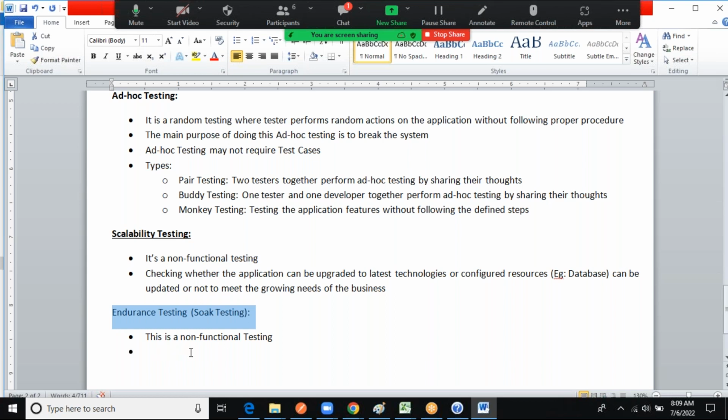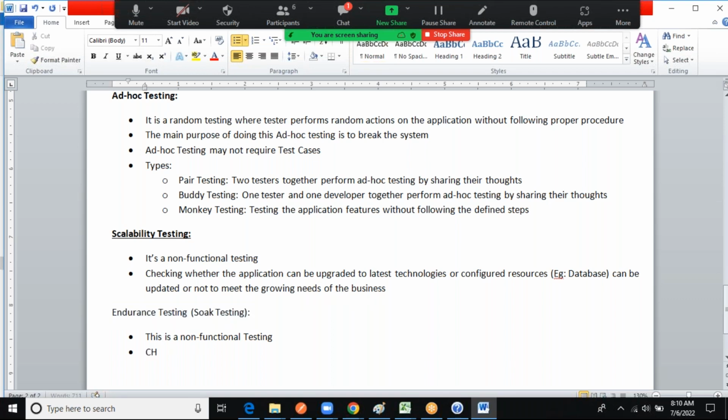Keeping a heavy load on the application for a longer duration and checking how long it can sustain it is tested in endurance testing.